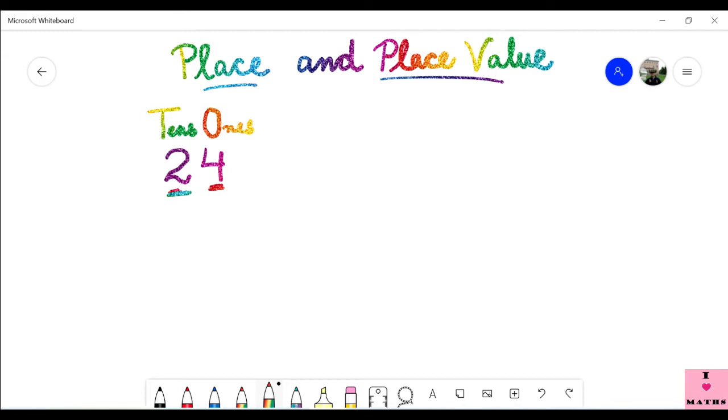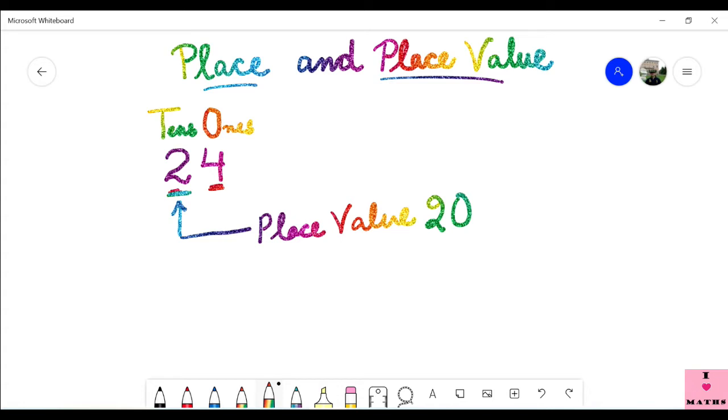Now children, the place value of 2 in this number is 20. The place value of 2 in this number is 20.